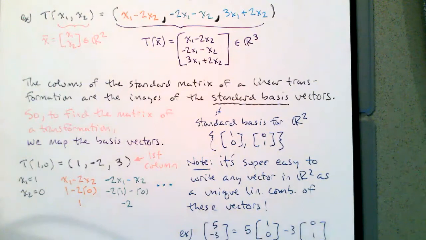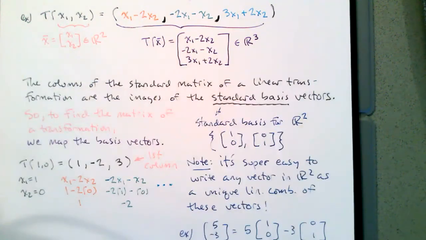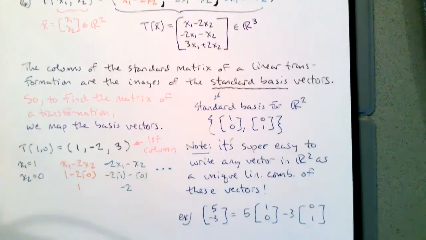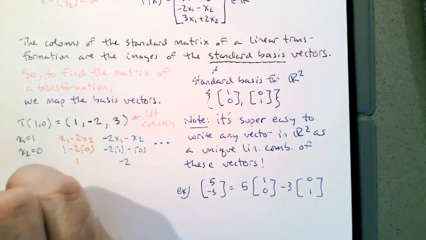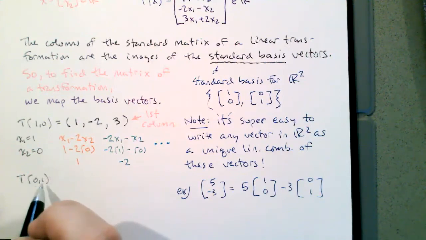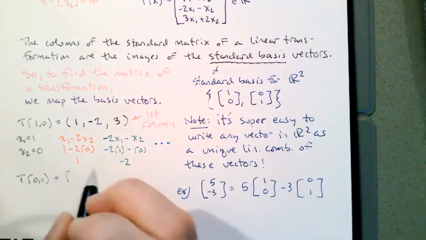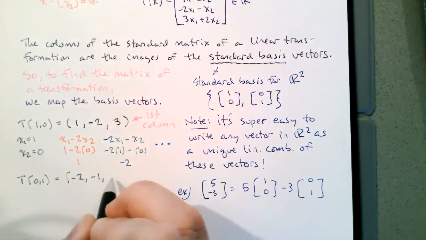So there's the first column. It shows up as a row because of the way we chose to write down our transformation. That's the first column of the standard matrix. Now we need to find the image of (0, 1). Now x1 is 0 and x2 is 1, so we're going to get negative 2, negative 1, and 2.